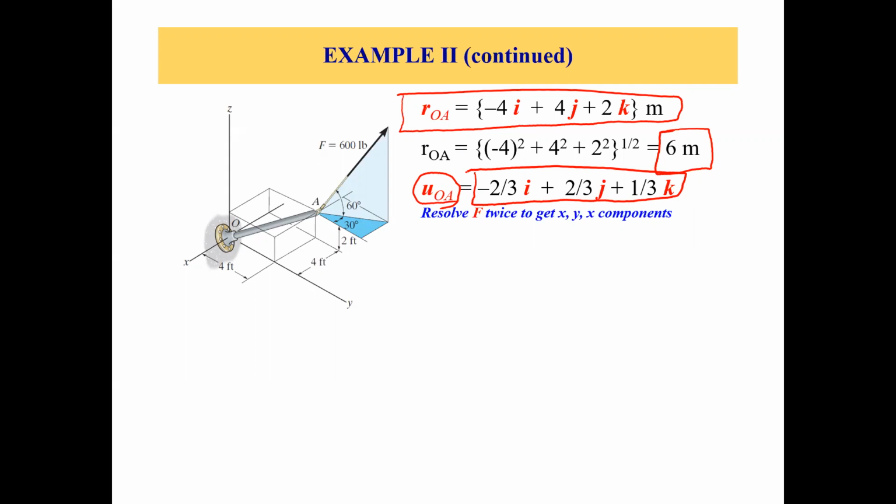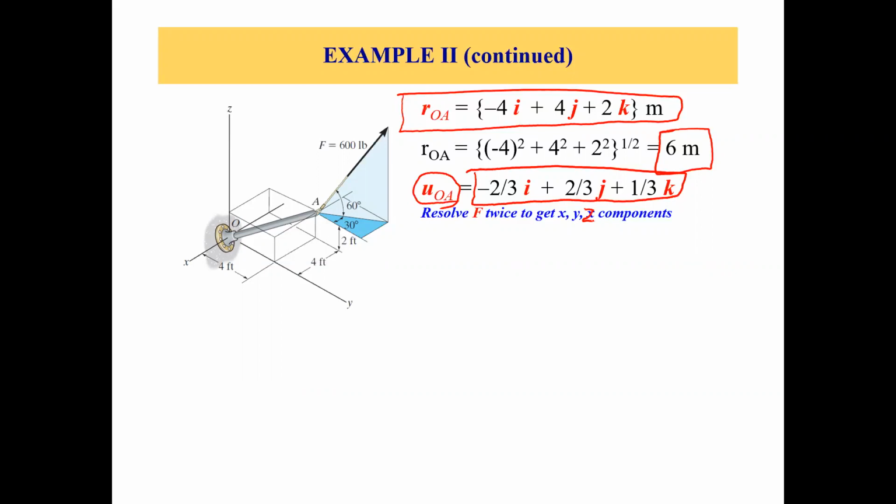Now, next thing, we need this force F in vector form, right? It's just given the magnitude, 600 pounds. We need to convert it into vector form, so we need to resolve this force to get X, Y, and Z components. This is not X, this is Z. Okay, all right.